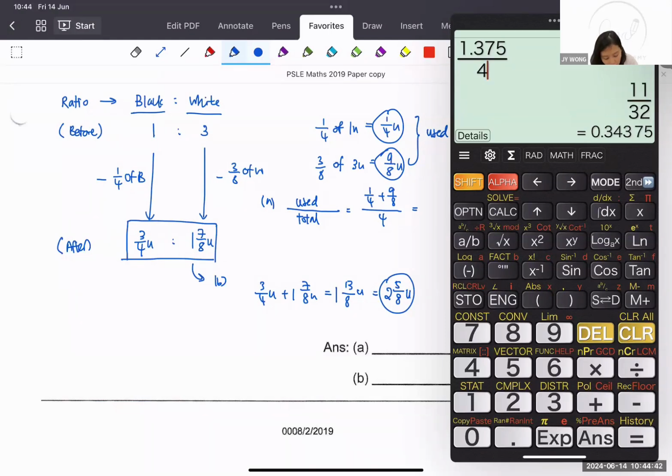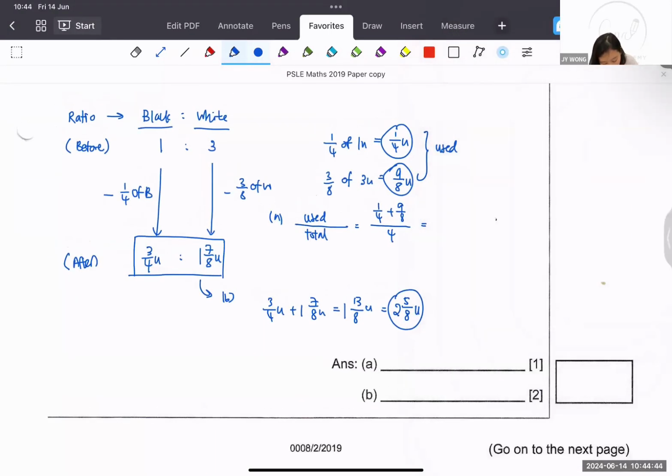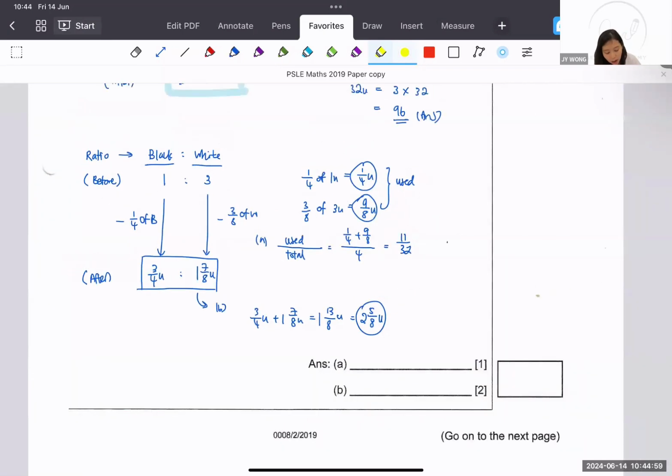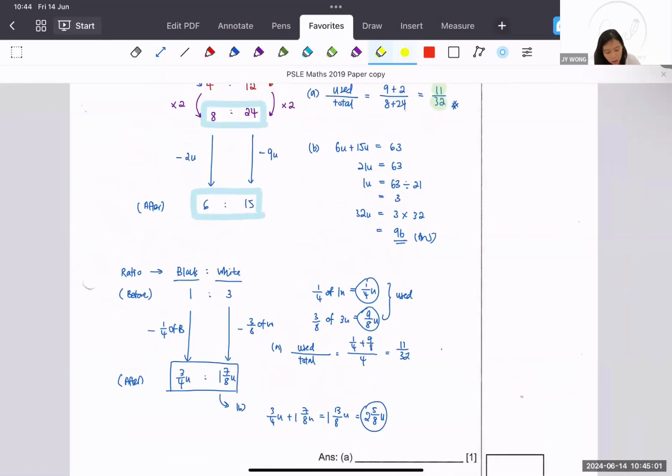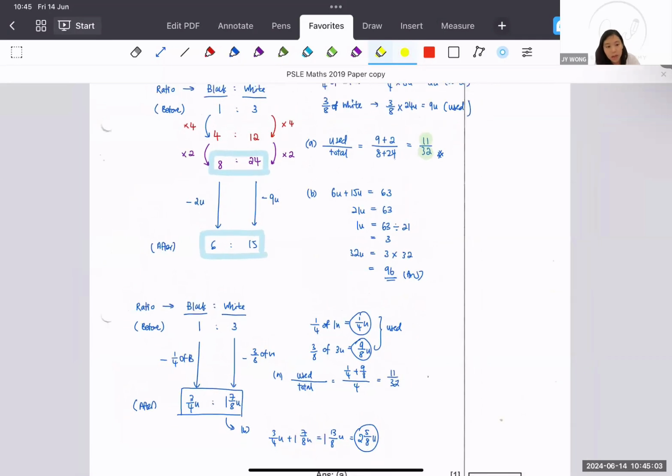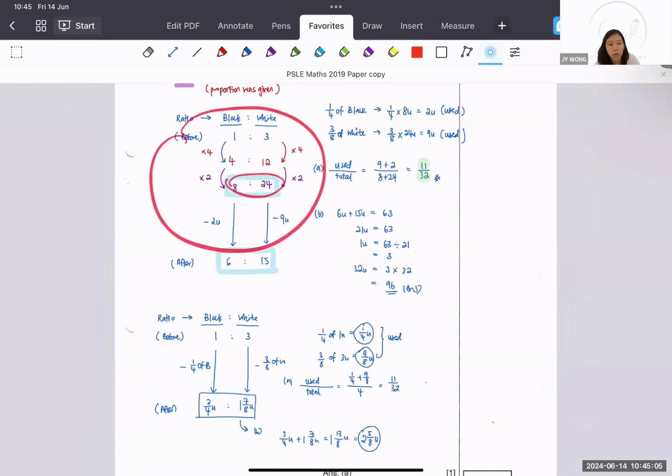Just that sometimes it's not comfortable for students to see a fraction on top, then out of a whole number. But you have a calculator, so it doesn't hurt for you to key the whole thing into the calculator. So it will still work. Just that you will be working with fractions. So if you're uncomfortable, then use the whole numbers. That means you keep multiplying until you can work with just whole numbers and no fractions.